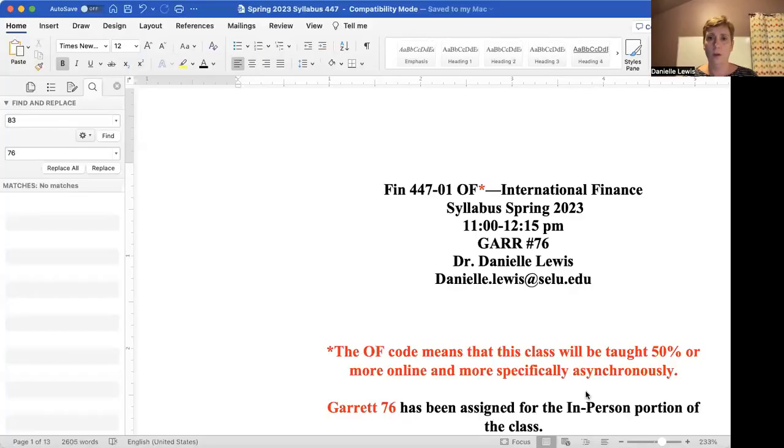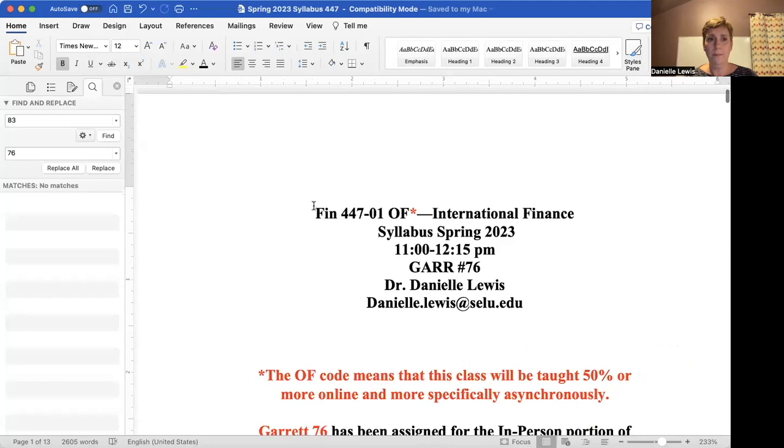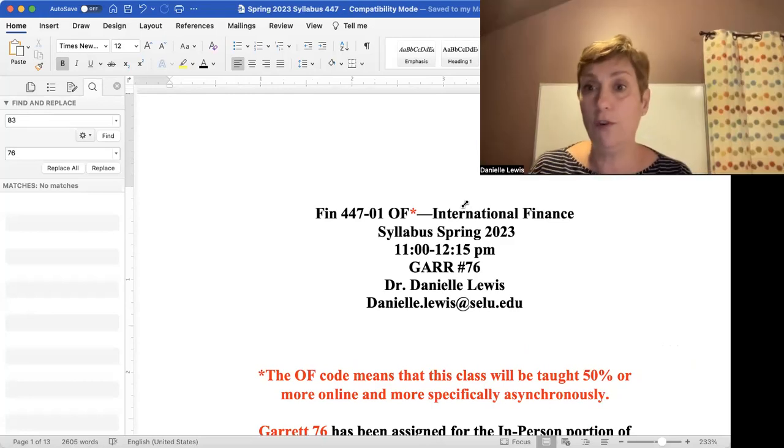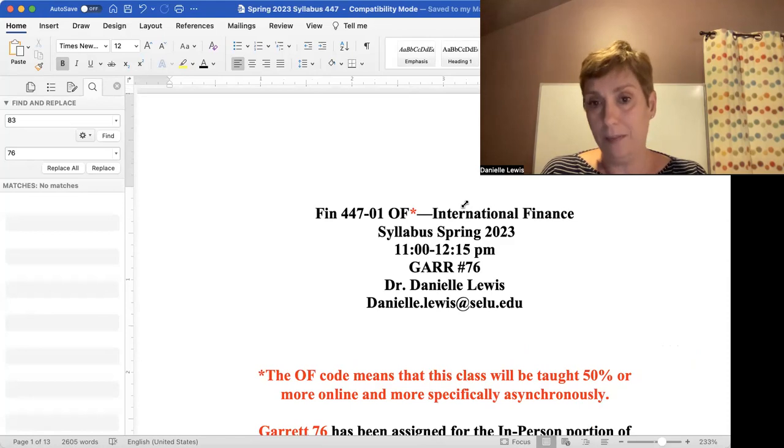So with that said, I'm going to share my screen and let you see the syllabus, which is also on Moodle. But we will go through this syllabus so that everybody is on the same page about how the class will roll. The first thing I want to address is that Finance 447 is coded OF this semester for the first time ever.